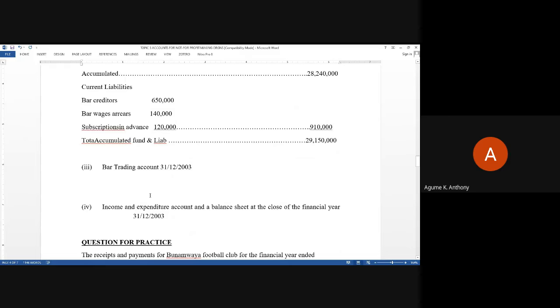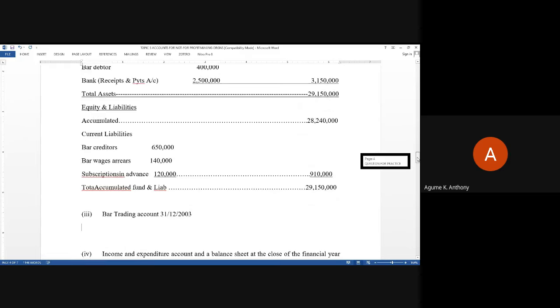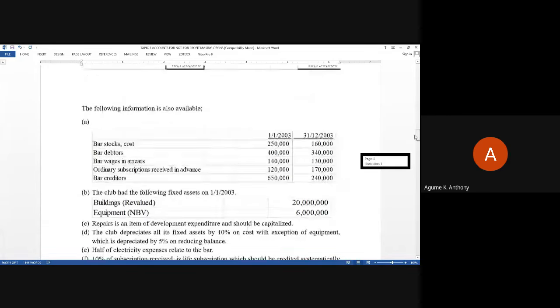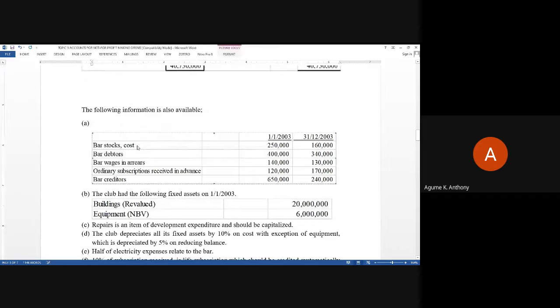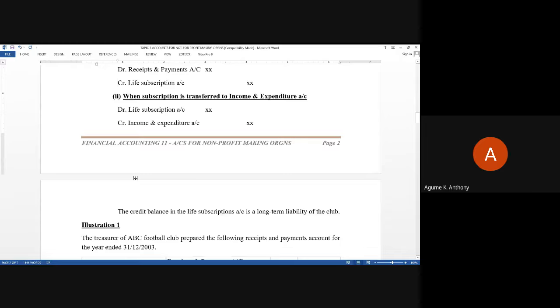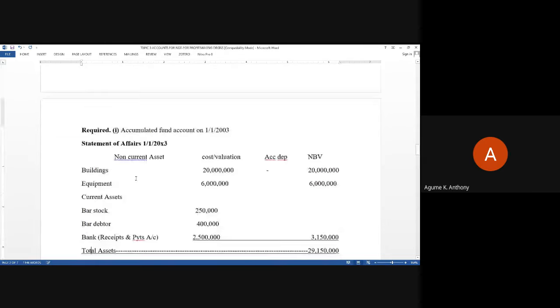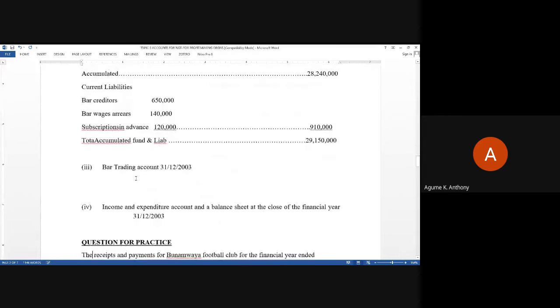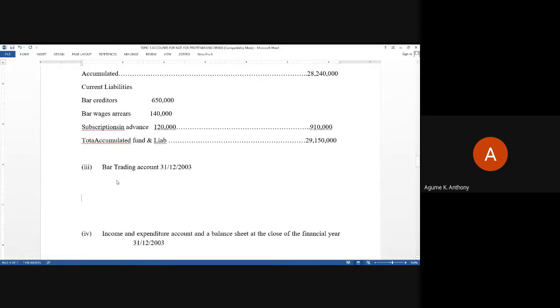Now, for the bar trading, I need first to determine the bar debtors, because when you check here, they have given me information about the bar. You have bar stock, bar debtors, bar wages in arrears, bar creditors. But I don't have sales, neither do I have purchases. So with this, I need to prepare control accounts before I even begin preparing the bar trading account.